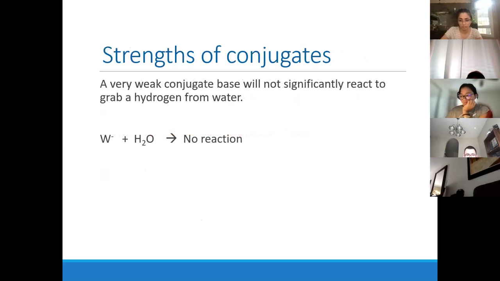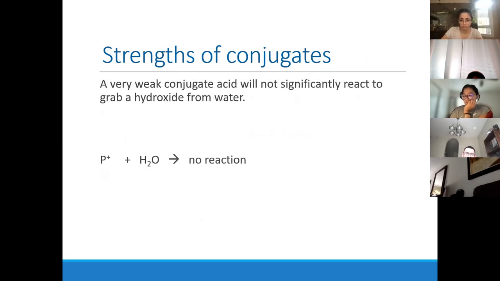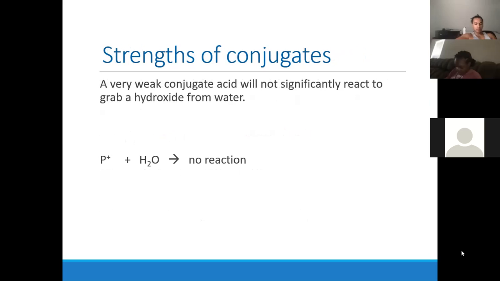By the same token, if my conjugate acid is weak, do I get any H plus generated? Vanessa, if my weak conjugate acid cannot react with water to pull off the hydroxide, do I generate any H plus?